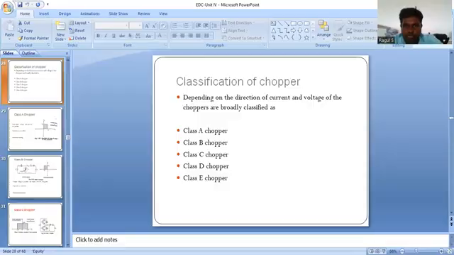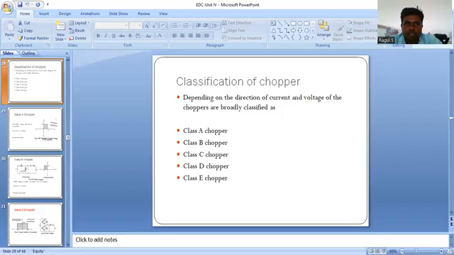The next one is the class D chopper. Class D chopper also consists of two SCRs and two diodes, but the construction is somewhat different compared to the class C chopper, because here in one mode of operation the switches conduct, and in another mode only the diodes D1 and D2 conduct. So the output current is always positive.